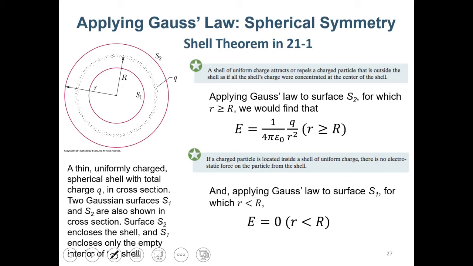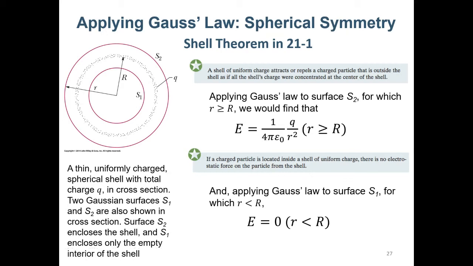So we consider the Gauss law in a spherically symmetric way. In chapter 21, I told you the shell theorem. We have two different cases, and now we can explain it with the Gauss law.